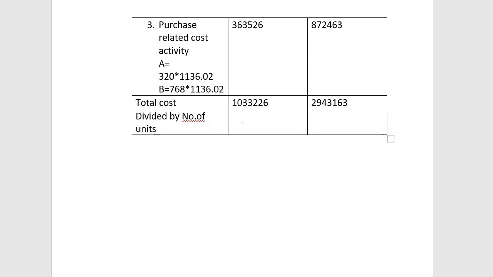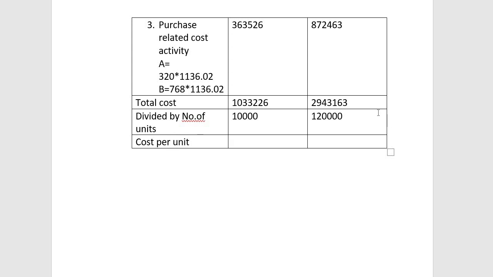The total number of units of product A is 10,000 and for product B is 1,20,000. Now we have to find the cost per unit.